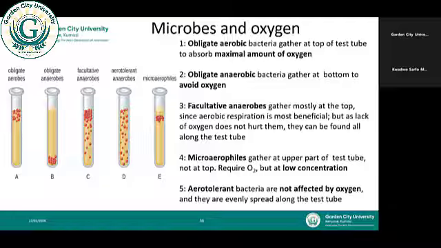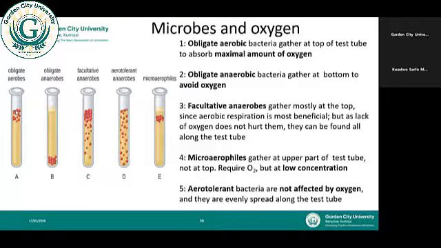So when we talk of obligate, that means at all cost. Obligate aerobe, it needs oxygen. Obligate anaerobe, at all cost, it needs absence of oxygen. So the first one is an obligate aerobe.